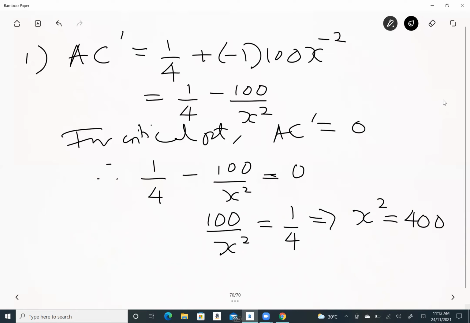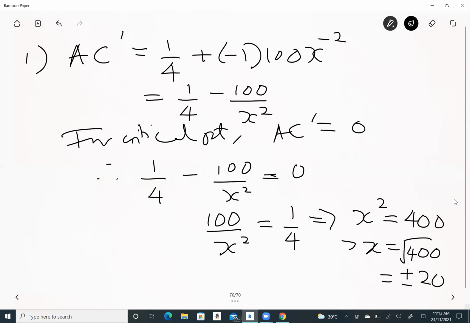Okay. Then what is X? X is equal to square root of 400. That can be plus or minus 20. Okay, you have plus or minus 20. Then the negative value is not relevant.